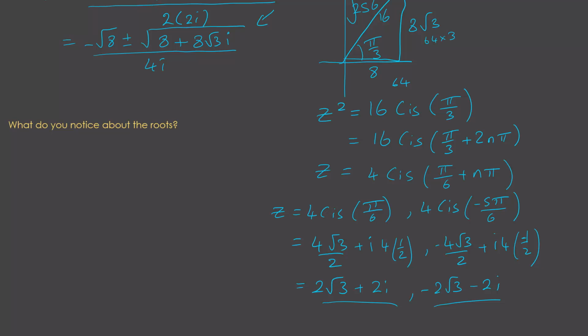And so we can say that we have negative root 8 plus or minus 2 root 3 plus 2i, all divided by 4i.